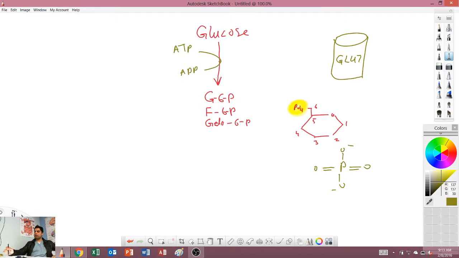And how many carbons are in these sugars, monosaccharides? 6. So we'll call the enzyme hexo. And an enzyme that adds a phosphate, what would you call it? Kinase. Hexokinase.